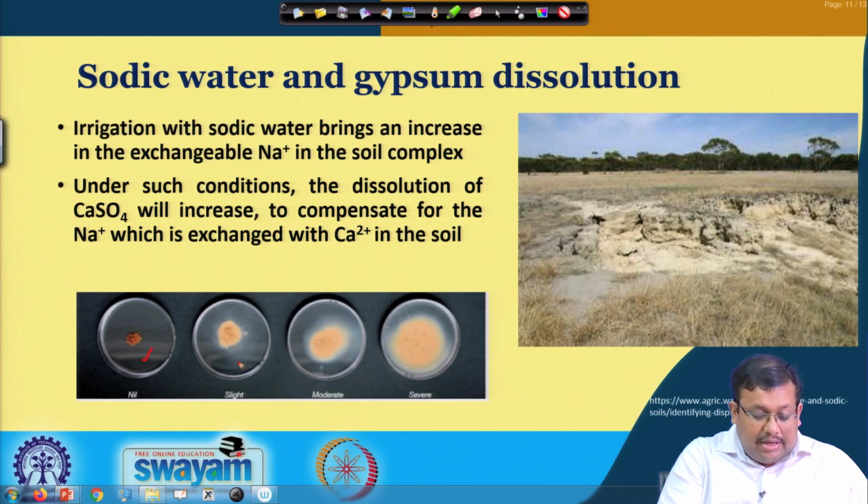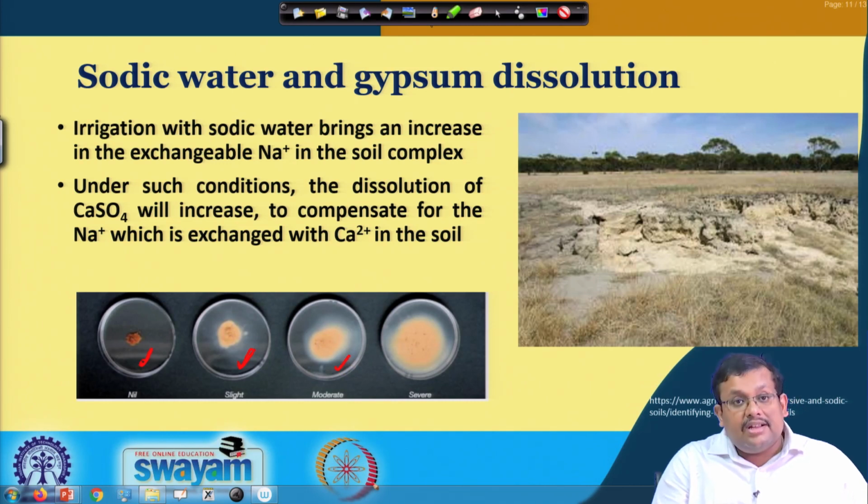As you can see, this is an ill effect of the sodic soil. Here, the exchange complex has nil sodium. Here it has slightly higher sodium content, in this condition a moderate sodium concentration, and here a severe sodium concentration in the exchange complex.